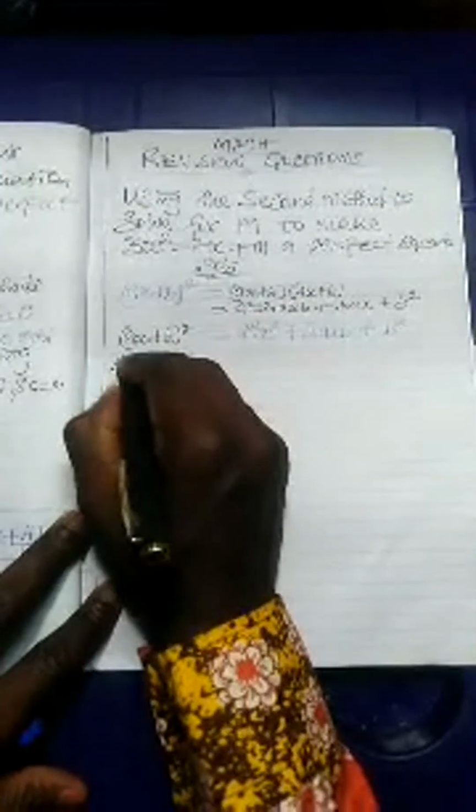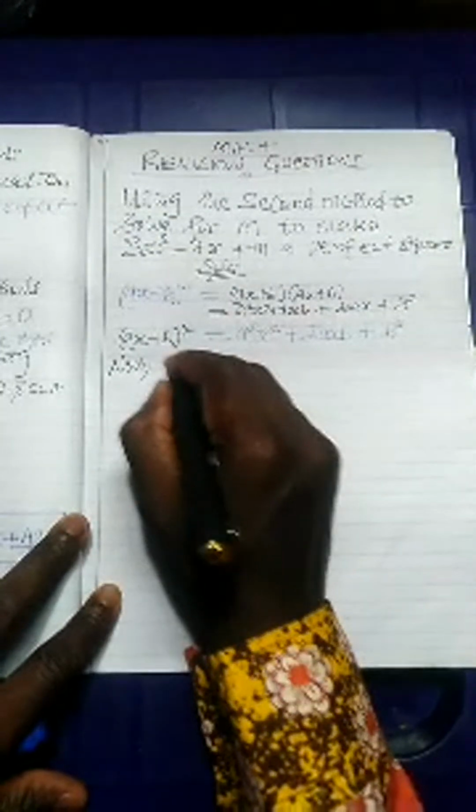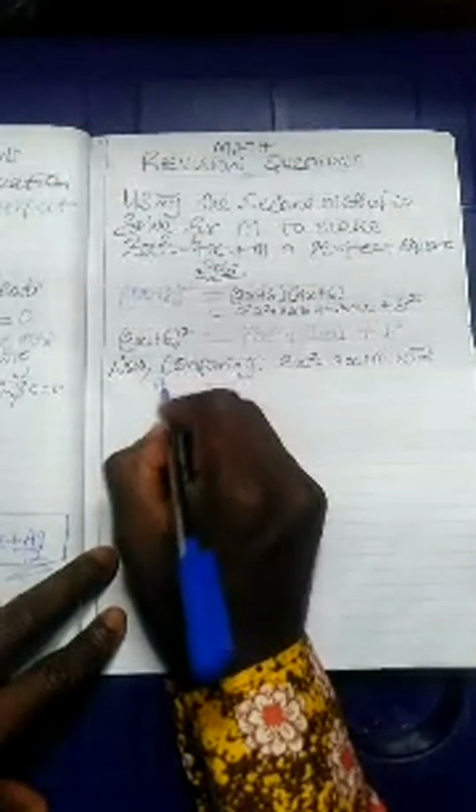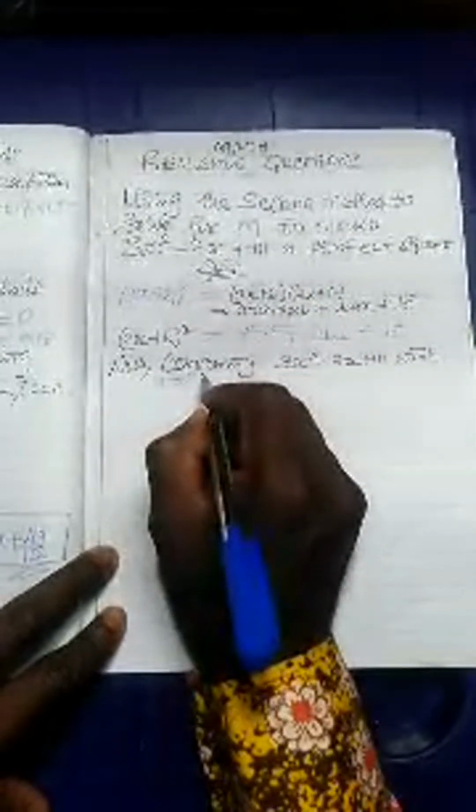Okay, now compare it. Comparing 3x squared minus 7x plus m with a squared x squared plus 2axb plus b squared.